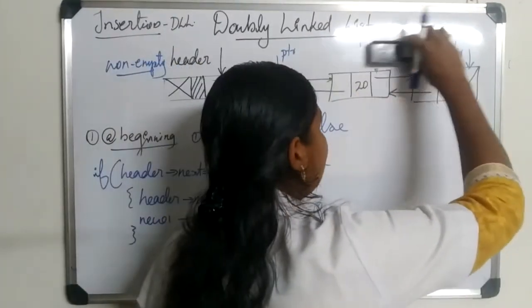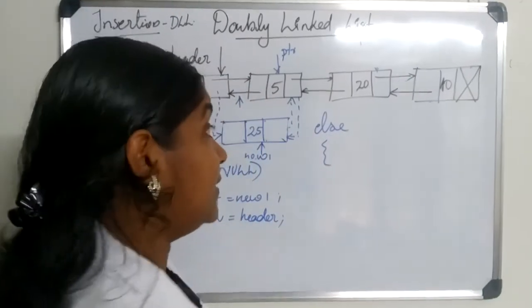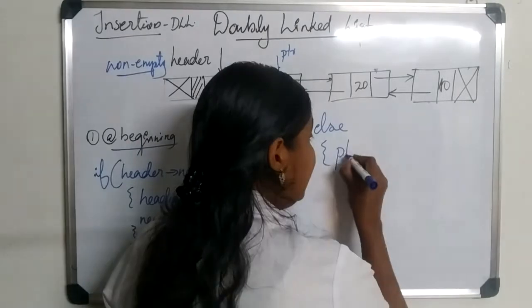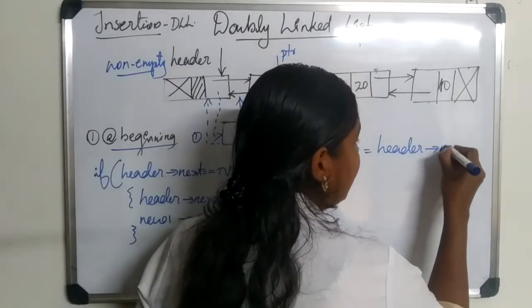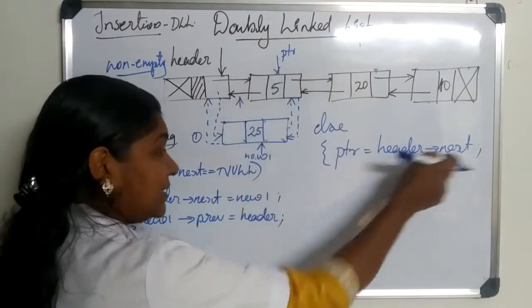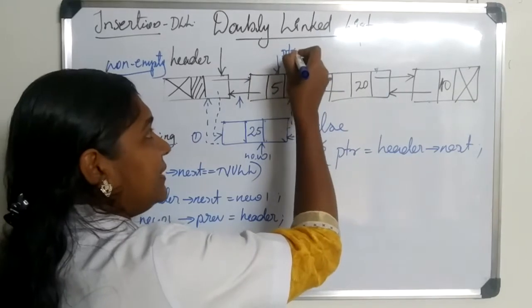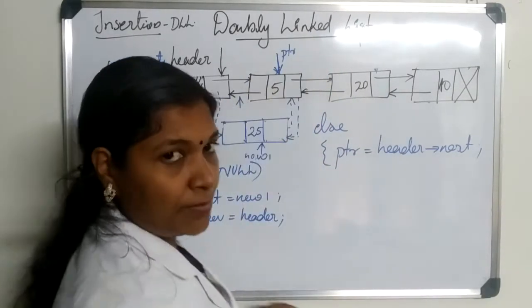So how can we give a name to the first node? As ptr is equal to header dot next, right? By providing the code like this, we are making the pointer ptr point to the node to which header dot next is also pointing.